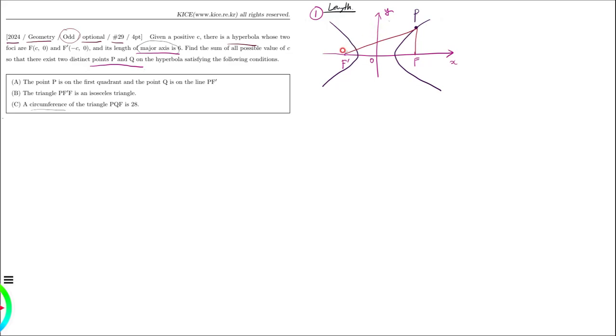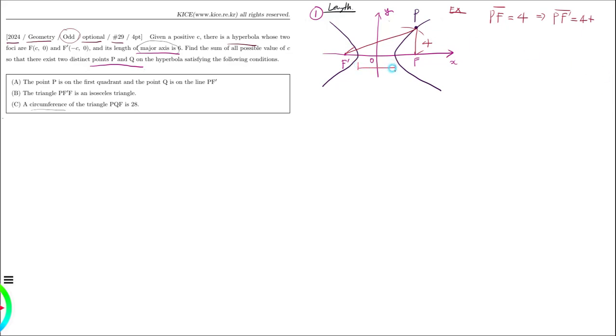One is longer than the other. For example, say the length of line segment PF is 4, and then the length of the longer one, line segment PF prime, should be 4 plus the length of the major axis.